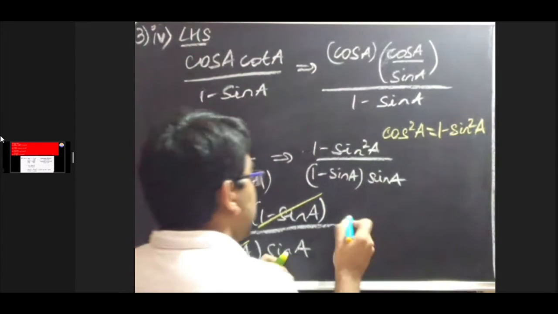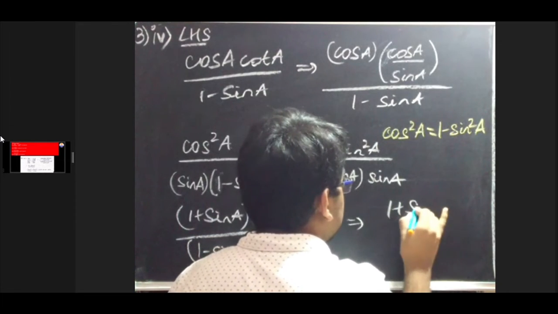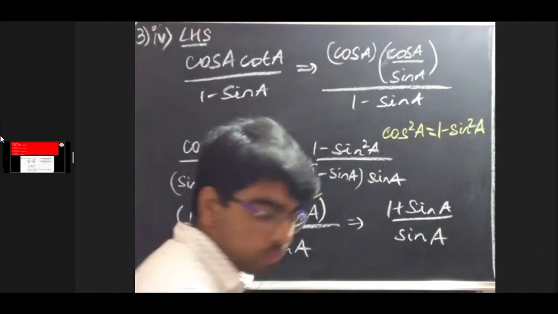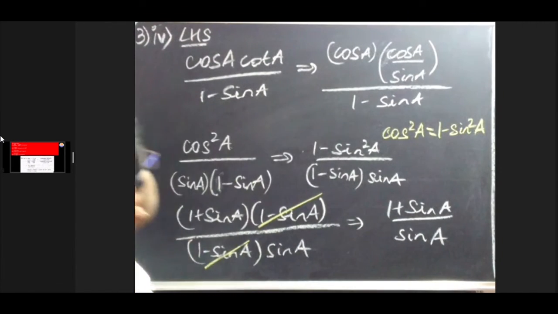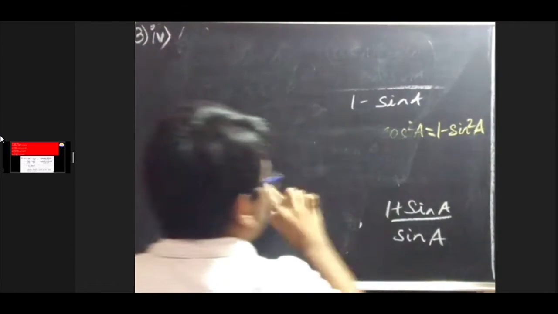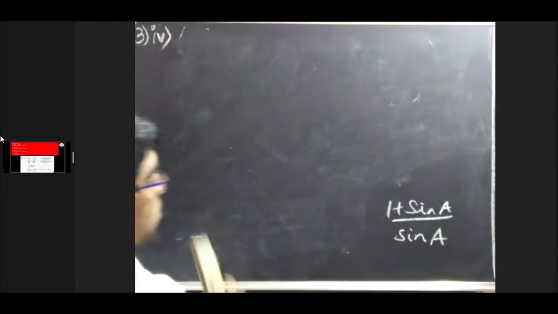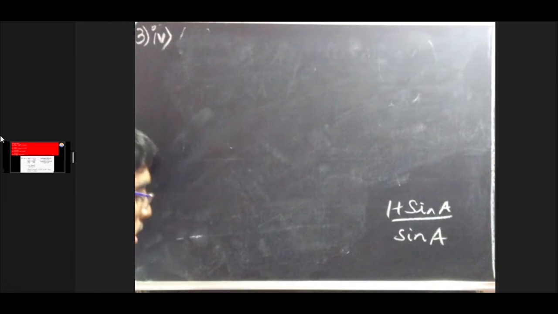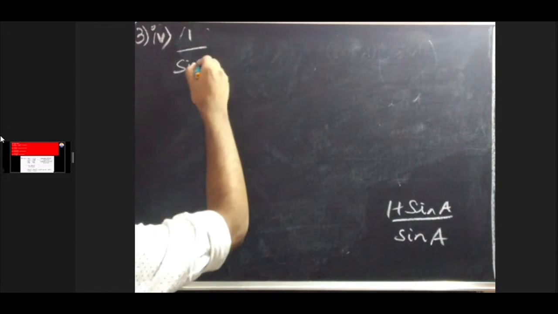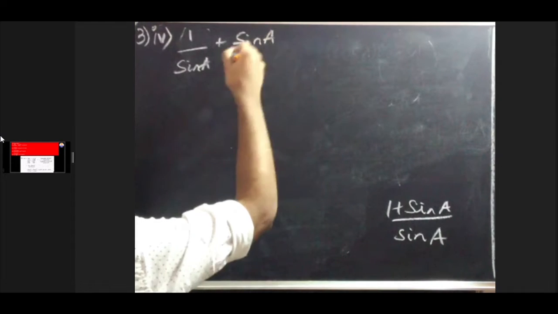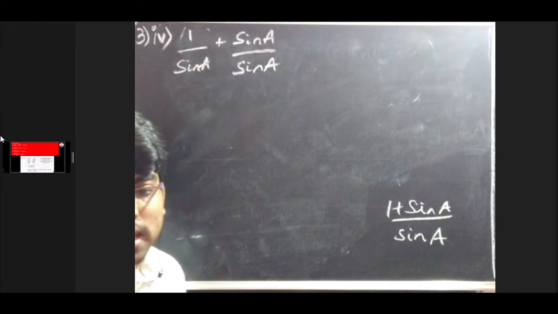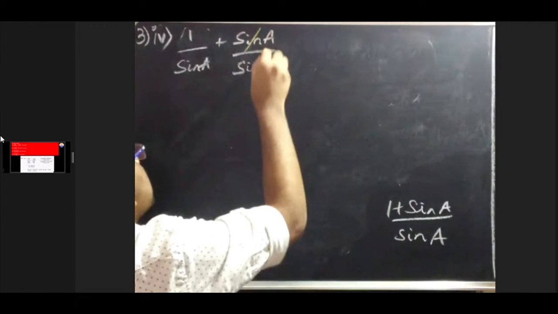Later on, we will be left with (1 plus sin A) divided by sin A. So this can be written as 1 by sin A plus sin A by sin A. This becomes 1.